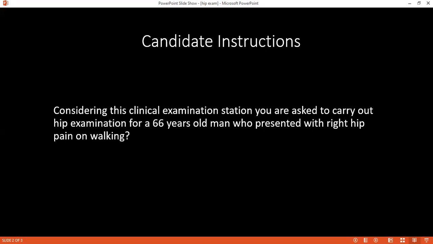Right, if you have read and understood, kindly begin your examination station.